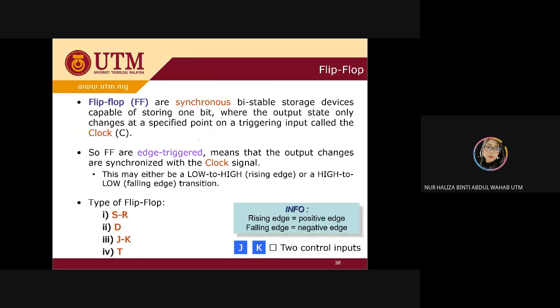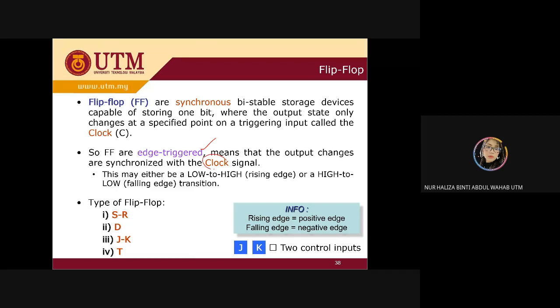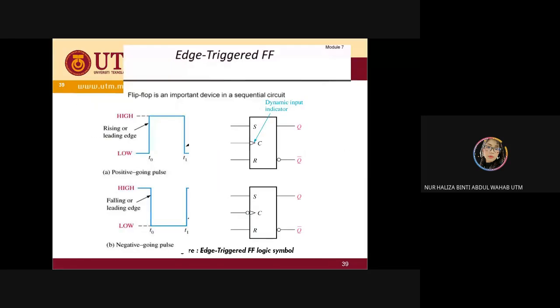You can see what else? So the flip-flop is going to look into the clock. If it is rising up, it's going to be positive. Falling down, it's going to be negative. This is the example. When you have a waveform, there is a part that you can see from 0 to 1, from 0 to 1, from 0 to 1.